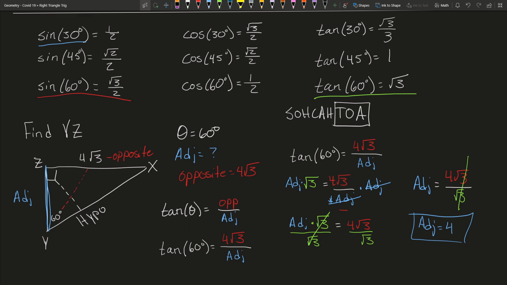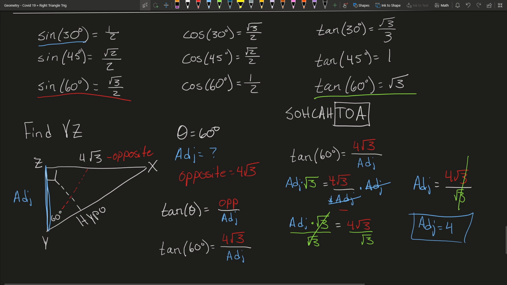Questions about this example? How do I do this if the tangent is of 30?